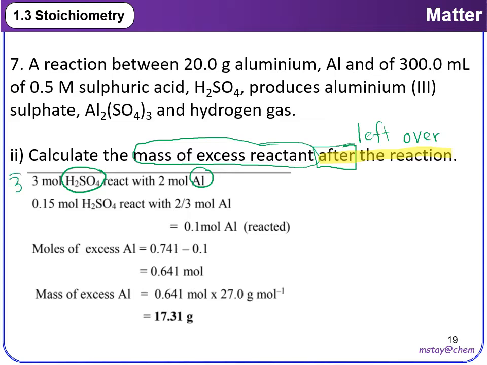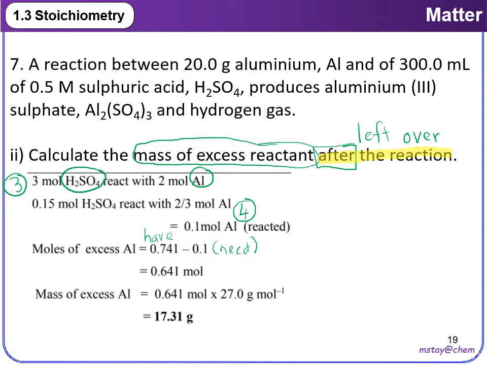So this is step number 3, and then we do the comparison. We found out that we need 0.1 mole of aluminium to react. But in the previous question, we determined that there is 0.741 mole of aluminium that we have, and 0.1 is what we need.